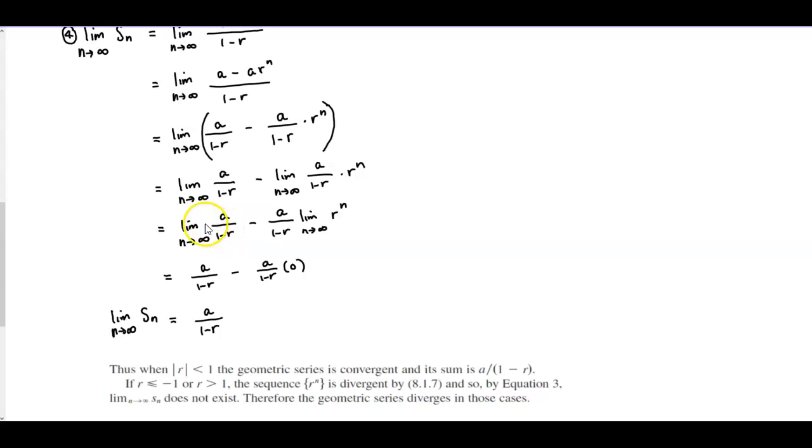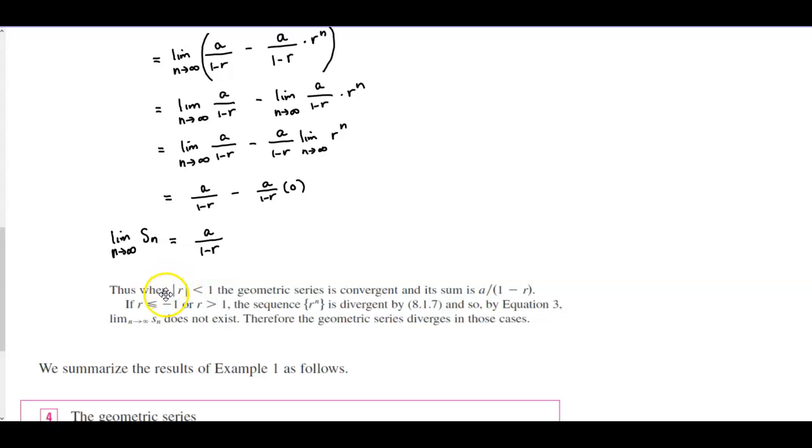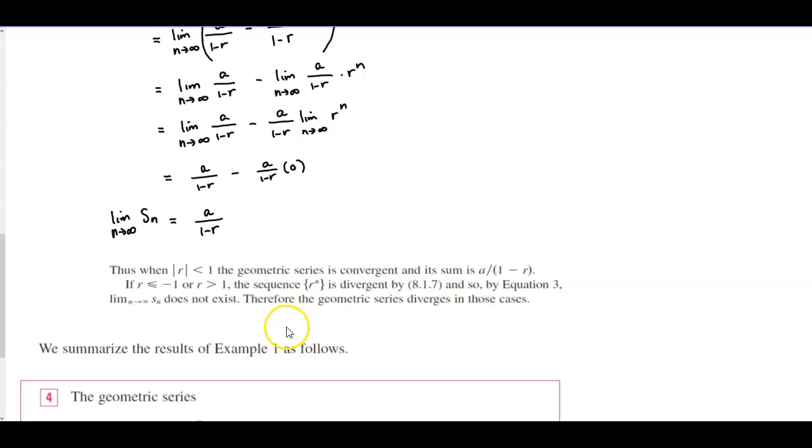When we take the limit of the first one, we get the constant a over 1 minus r, minus the constant a divided by 1 minus r times the limit of r to the nth power, which is 0. So 0 times that constant just leaves us with a divided by 1 minus r. Thus, when the absolute value of r is less than 1, the geometric series is convergent, and its sum is a divided by 1 minus r.